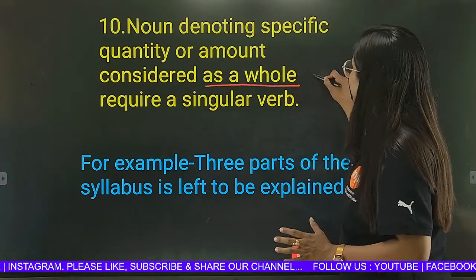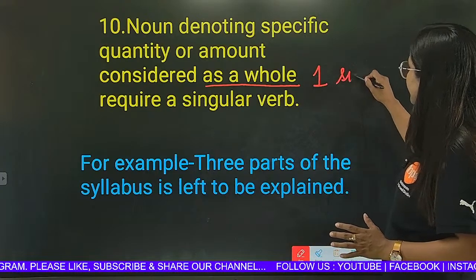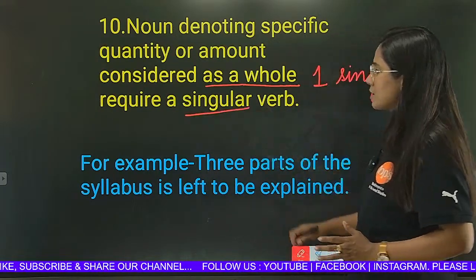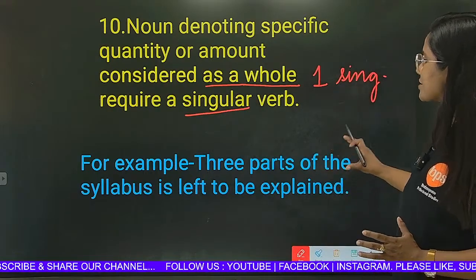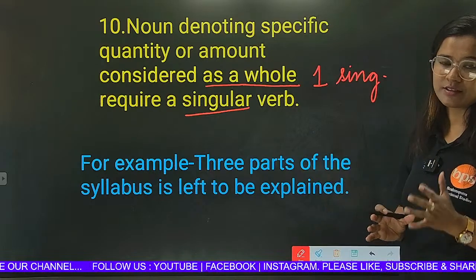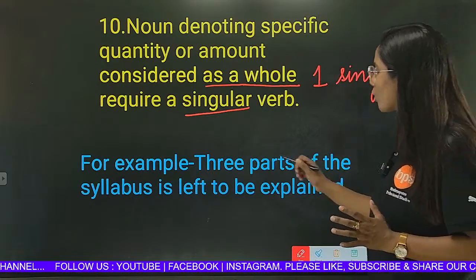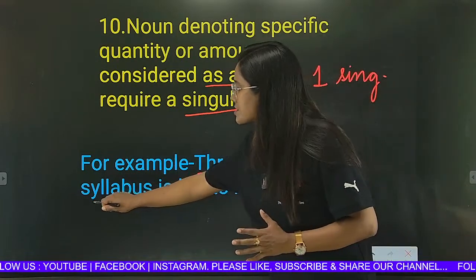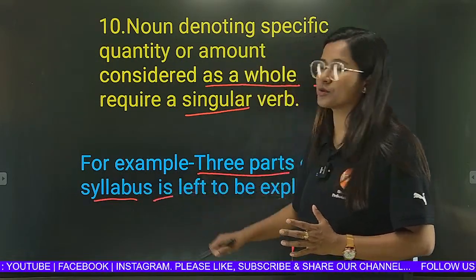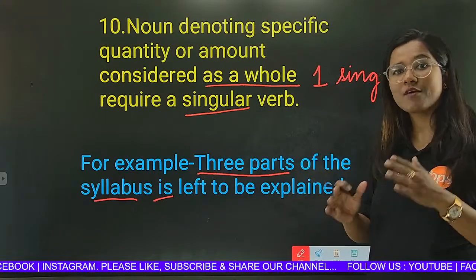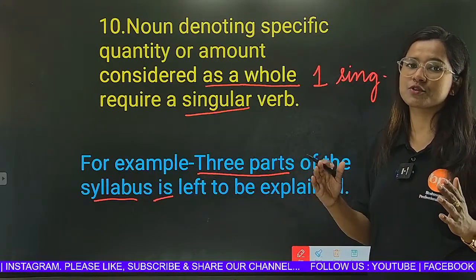As a whole means again one or singular, and so we will put here a singular verb. For example, 3 parts of the syllabus is left to be explained. Though there are 3 parts, it is speaking about the syllabus, and so we will refer here to the singular form of verb. That is, 3 parts of the syllabus is left to be explained.